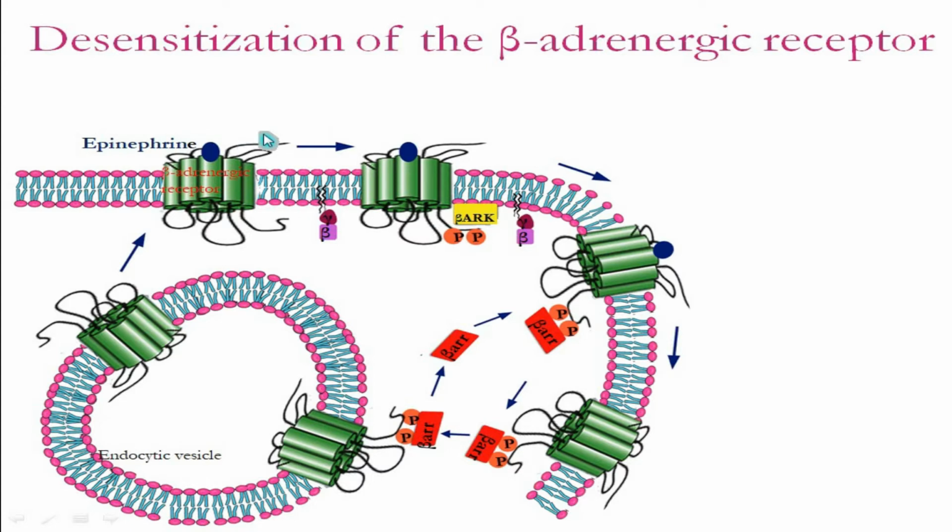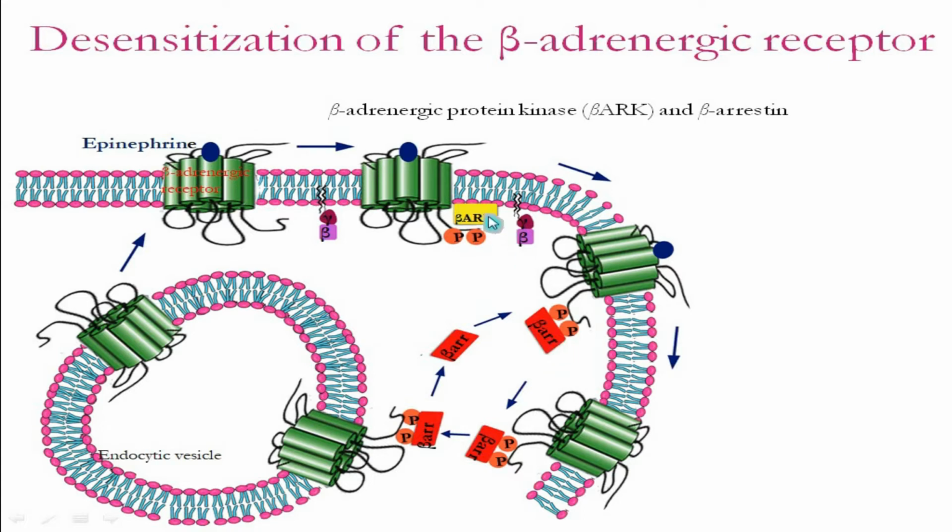Here, this process is mediated by two proteins, beta-adrenergic protein kinase and beta-arrestin. Here you can see the beta-adrenergic protein kinase is represented in yellow color. This one is beta-adrenergic protein kinase, and this red one is beta-arrestin.